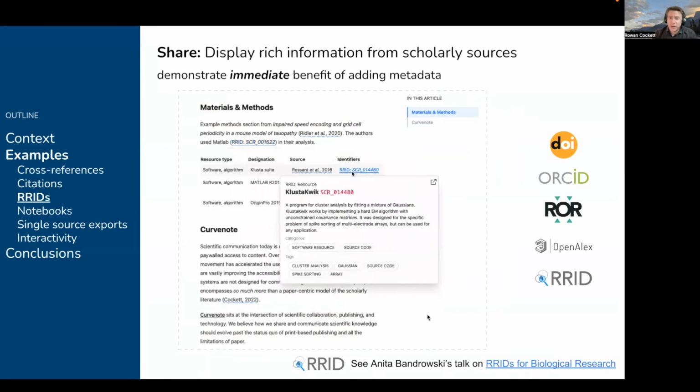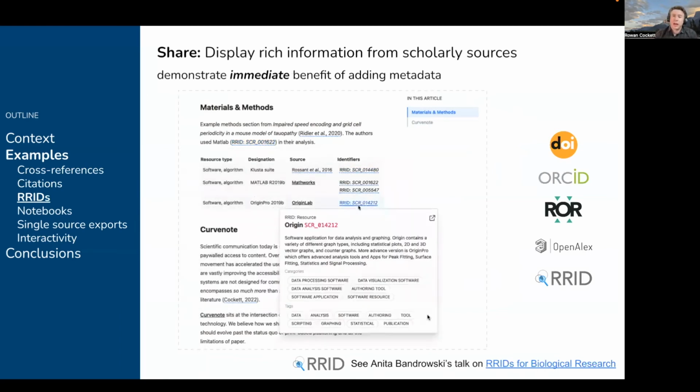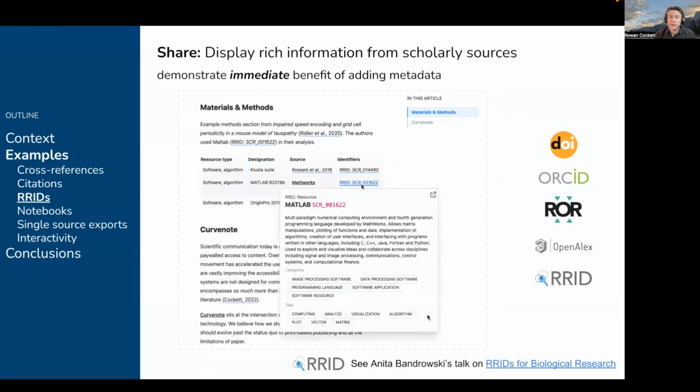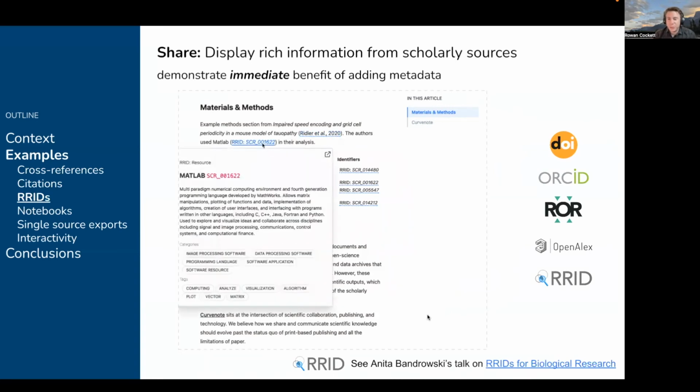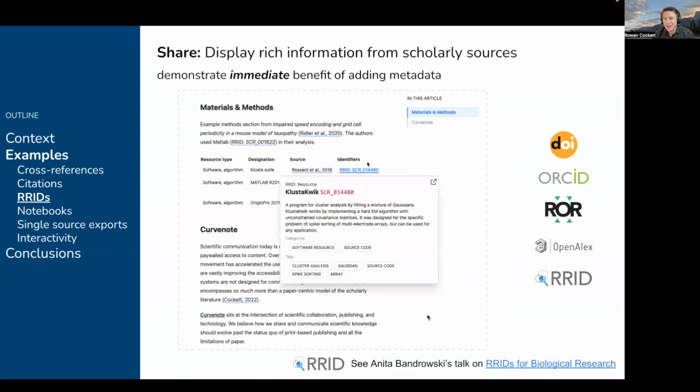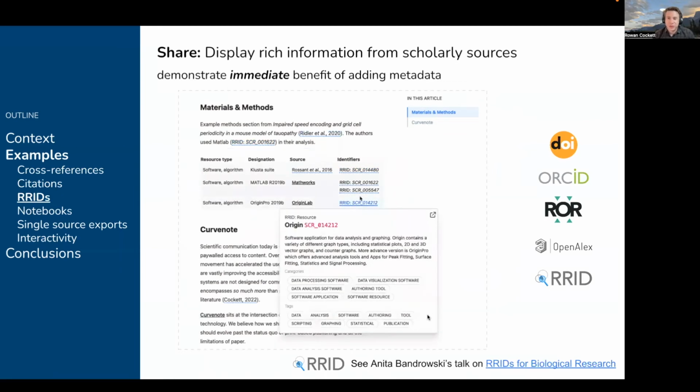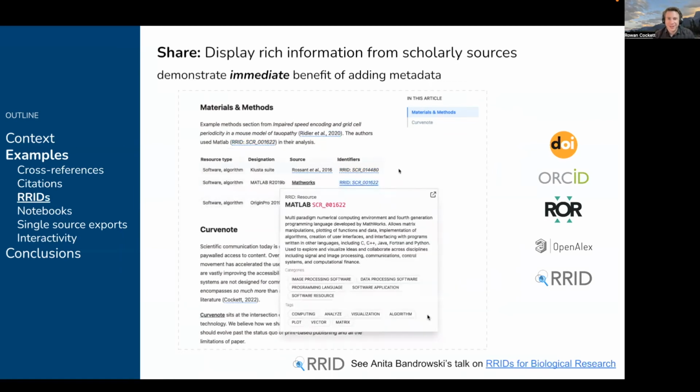And so that rich information is again shown and incorporated from these scholarly sources like DOIs, ORCIDs, RORs, OpenAlex, RRIDs. And I know Anita will be talking much more, or has already talked about RRIDs for biological research. So I'll let her take that one.